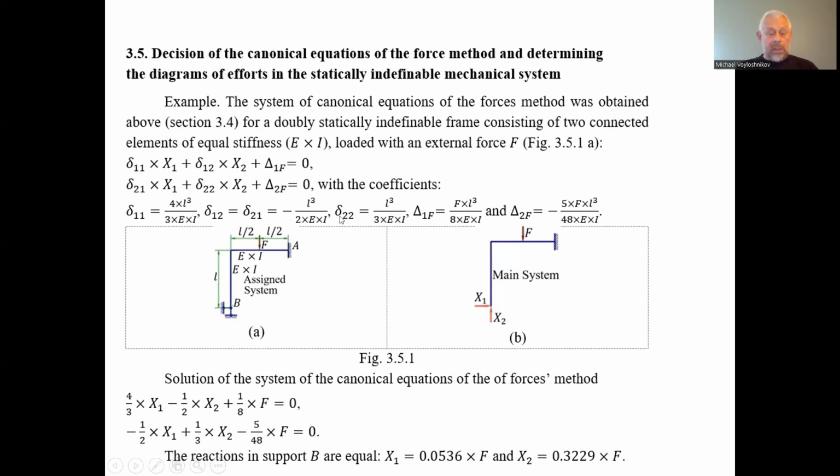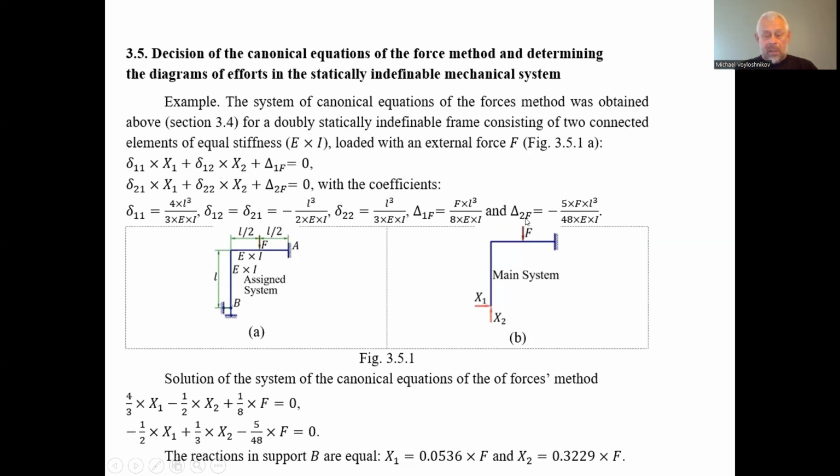And we have the displacement in the second direction of the second force applied instead of the supporting links, and we have the displacements obtained as well by the Mohr integral in the first direction under the action of the external load F, and in the second direction the displacement under the influence of the external force F.